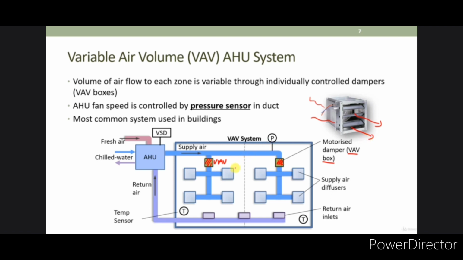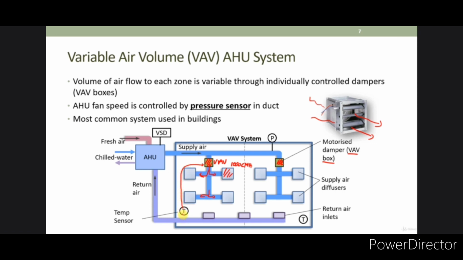So using the same example, let's say each diffuser supplies 1000 cmH. During a cold day, when the load starts to reduce, you can supply less air. So instead of 1000 cmH, you can reduce it to 800 cmH or 600 cmH. The amount of air flowing through can be adjusted, and that will react with the temperature sensor.